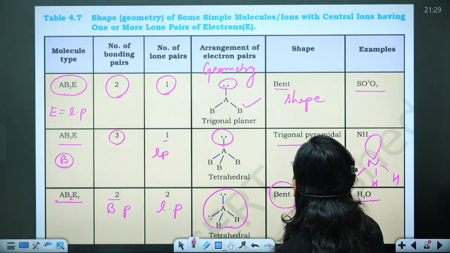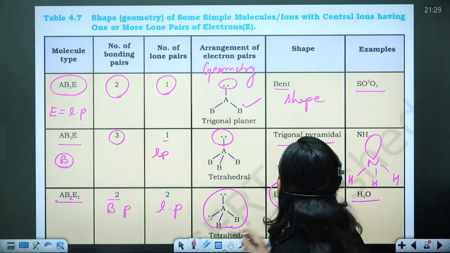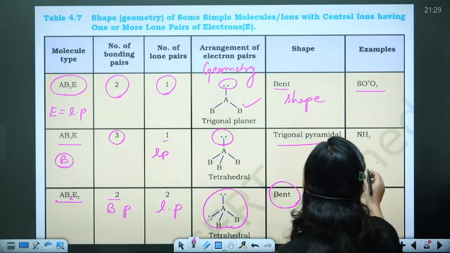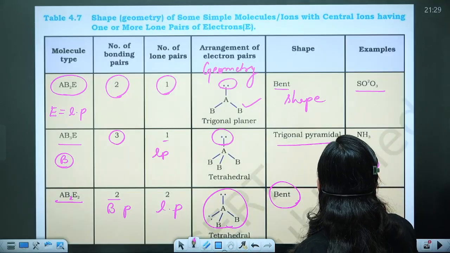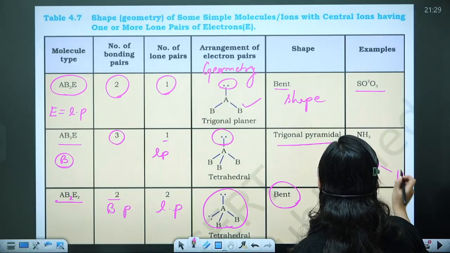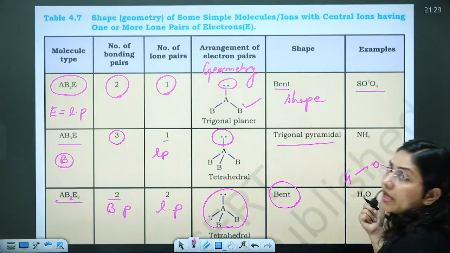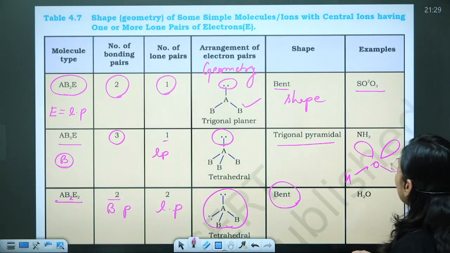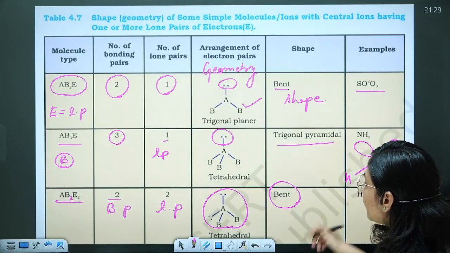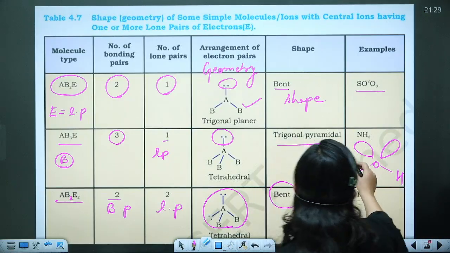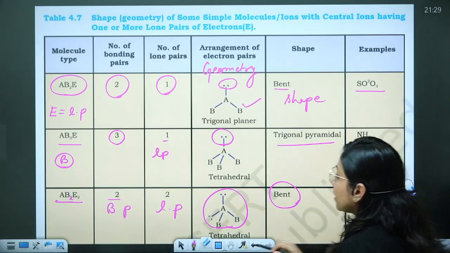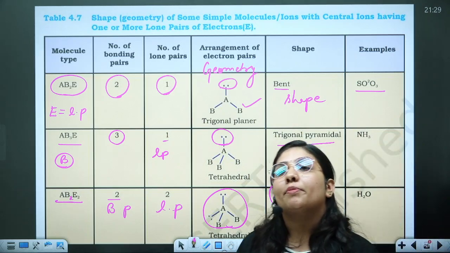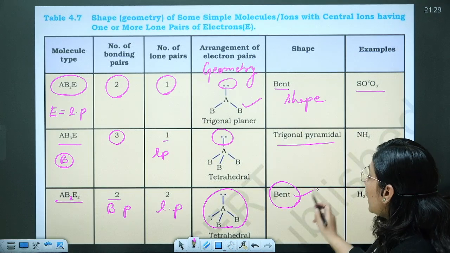Water makes the geometry like this. O in the center is connected to 2 H through bond pair electrons, and there is one lone pair and another lone pair. So it is arranged in tetrahedral geometry, but because of lone pair-lone pair and lone pair-bond pair repulsion, it shows the bent shape.